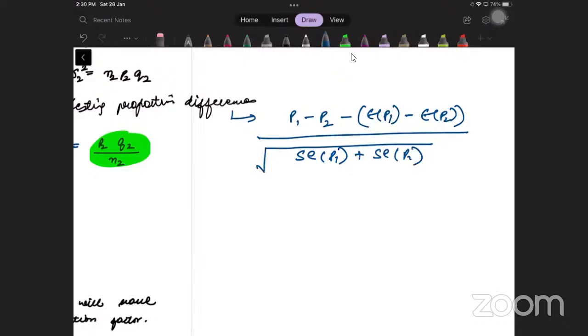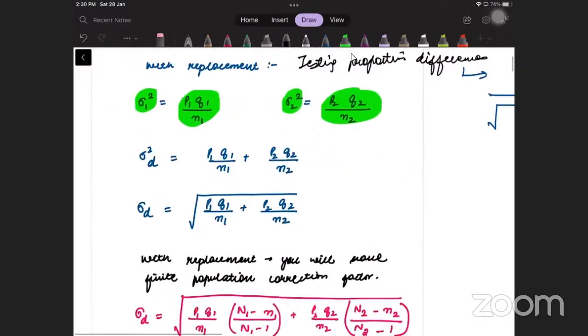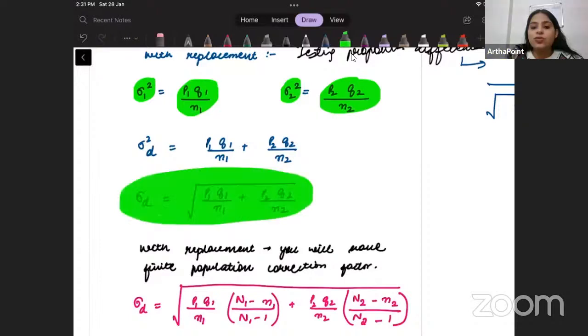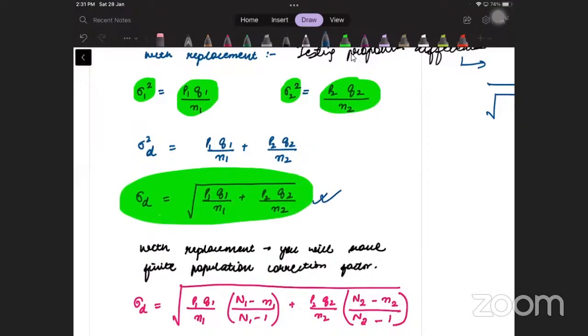Not the standard error, just the variance of P1 plus the variance of P2, under root. You can write it like that also. So basically, this is exactly what we are doing. Usually, your denominator is the square root of P1 Q1 by N1 plus P2 Q2 by N2. This is what we usually use for differences in the proportion.